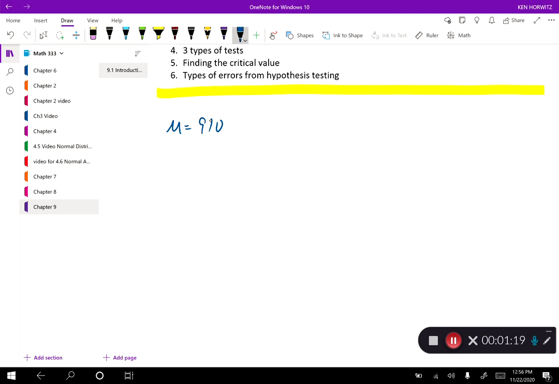The superintendent of your school wonders if your district mean, which would be X bar because your district would be one sample, of 960 is higher than the national mean. Now, at first reaction, you might say, of course it is. 960 is greater than 910. Done and done. But is it different enough is the question.